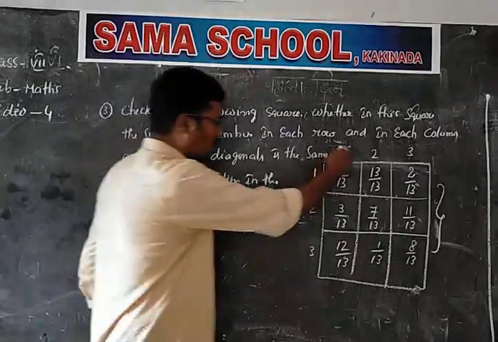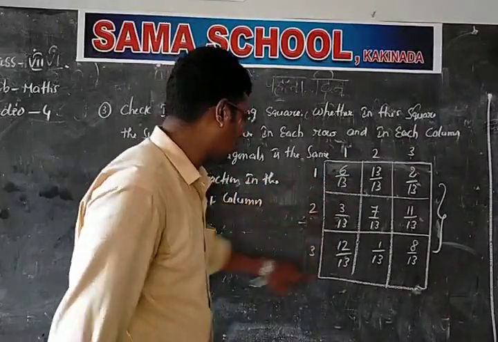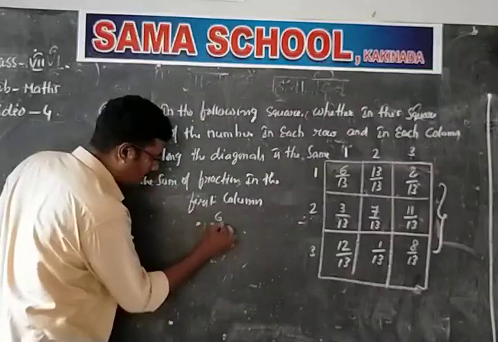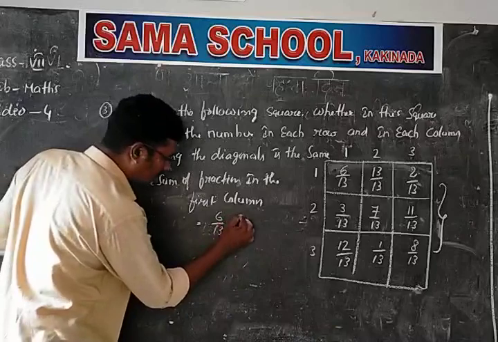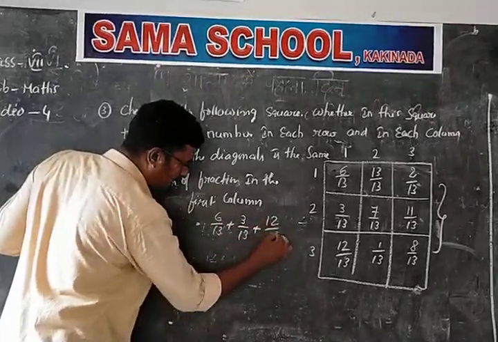What is the first column? The given fractions are 6 by 13, 3 by 13, 12 by 13. The sum of all fractions: 6 by 13 plus 3 by 13 plus 12 by 13.